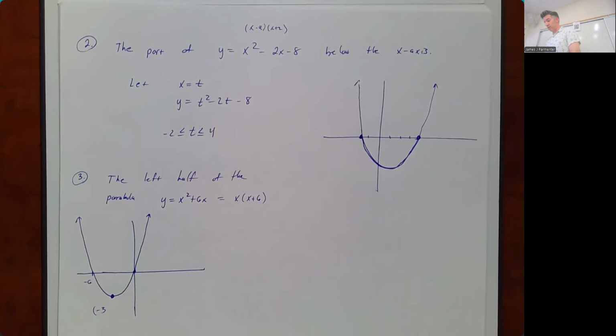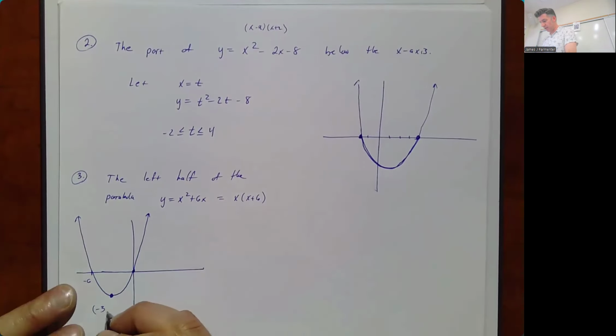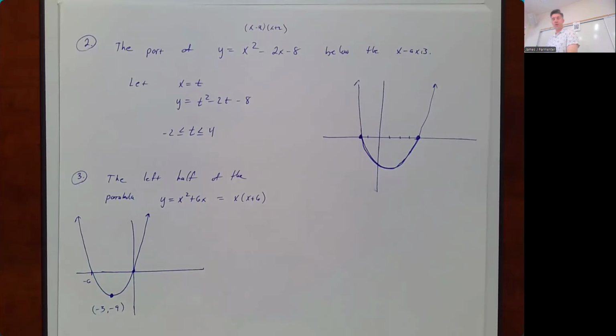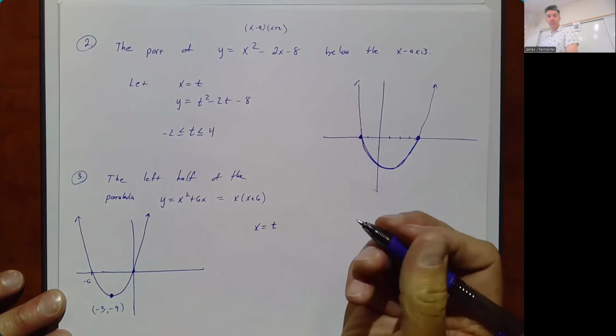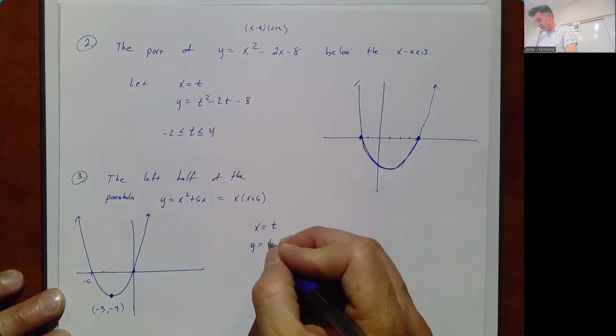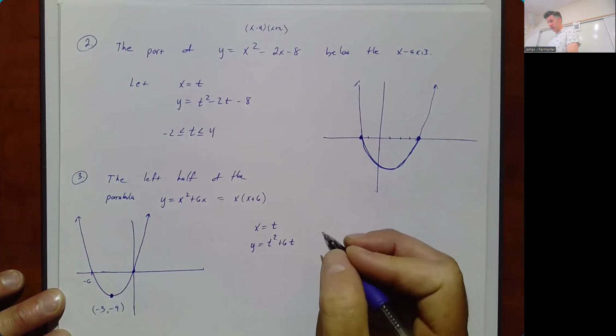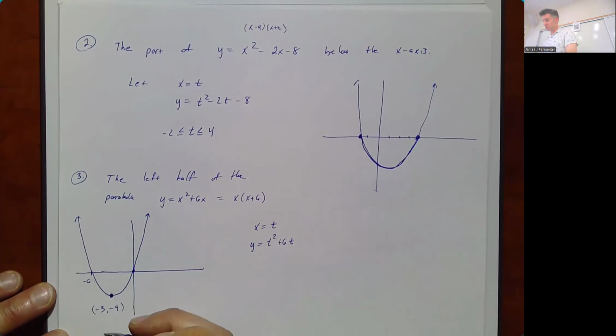I don't really care about the y-coordinate, but if you plugged in negative 3 for x, you get 9 minus 18, which is negative 9. So one way of doing this would be to let x equal t, which feels kind of boring, and y equal t squared plus 6t. Then, if I want the left side, I want t, or x, same thing in this case, to be less than or equal to negative 3.